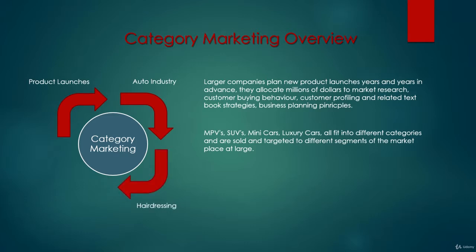Hairdressing is another good one. We have many hairdressing salons very often focusing on low-cost price, and if you go from one hairdresser to another, basically the services they are offering are very similar if not the same. Very often hairdressers don't make the decision to actually move up to a very high-end service offering.